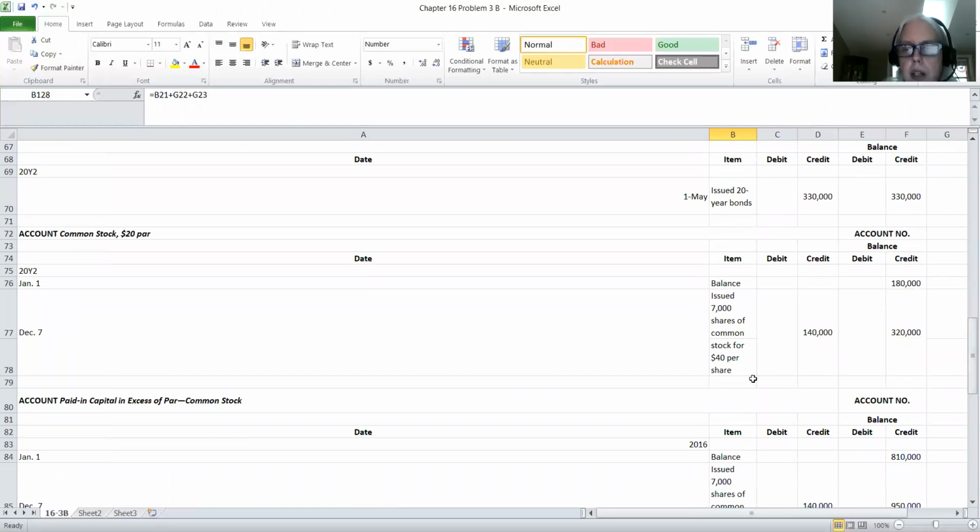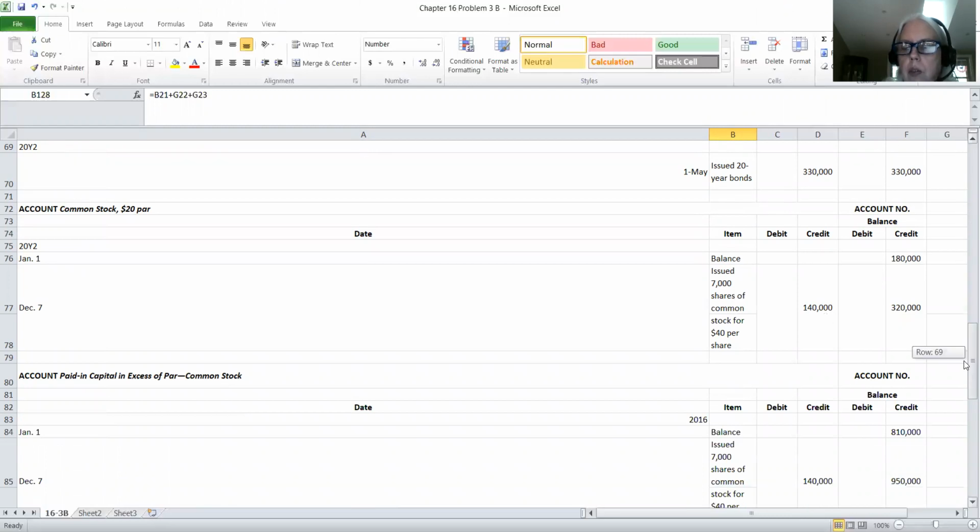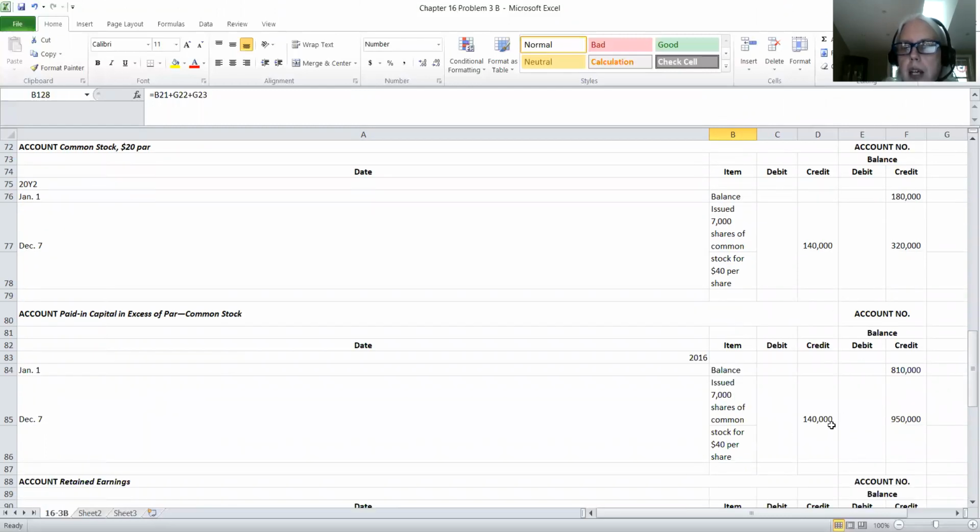I'm sorry, we did issue the stock for cash. The total cash amount would be the par value, which is $140,000, plus the paid-in capital in excess of par value, which would have been $140,000 in this case too.